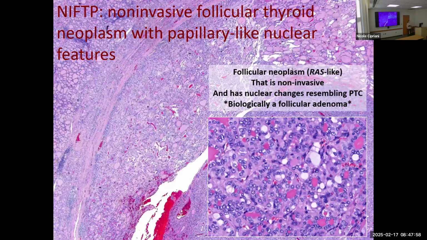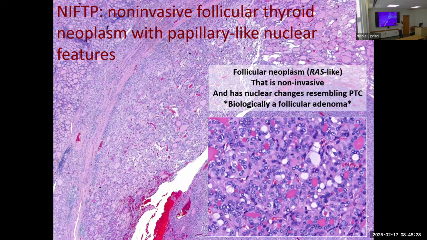Okay, the other thing that has PTC-like nuclei is so-called NIFTP, non-invasive follicular thyroid neoplasm with papillary-like nuclear features. This is a follicular neoplasm that is circumscribed, composed of follicles, and for all intents and purposes is quote-unquote RAS-like, one of the follicular neoplasm tumors that behaviorally is benign, biologically like a follicular adenoma.